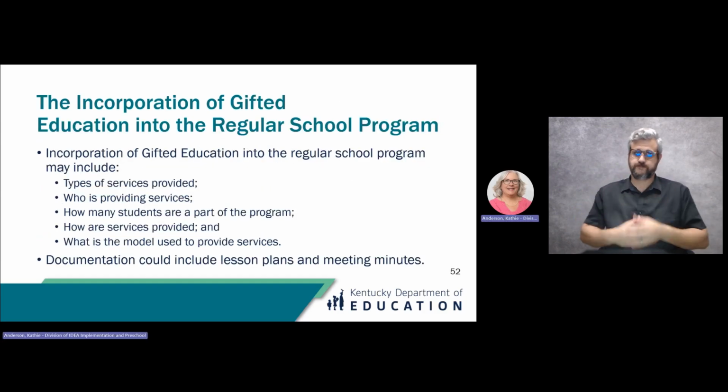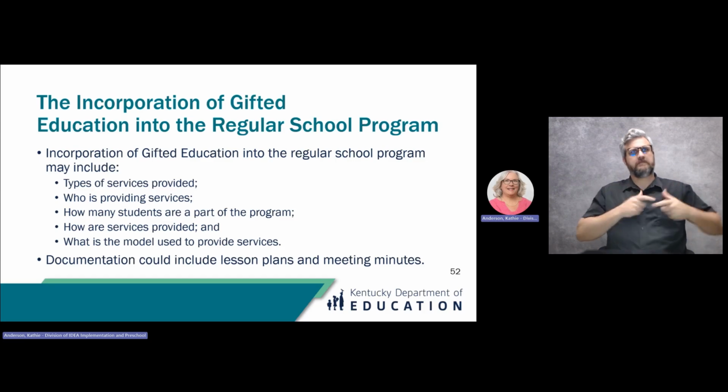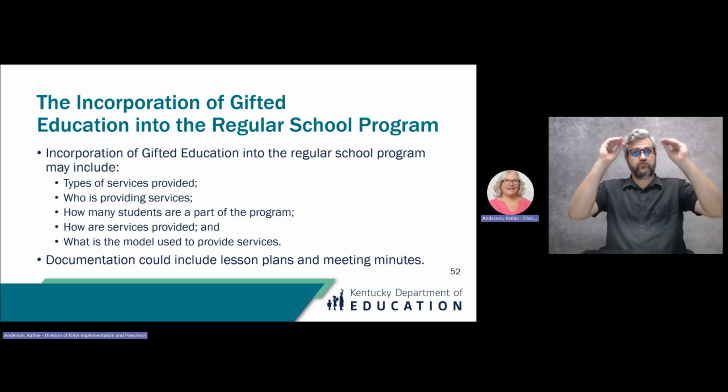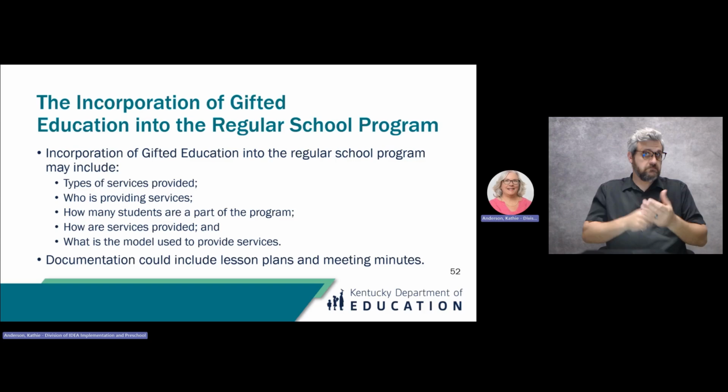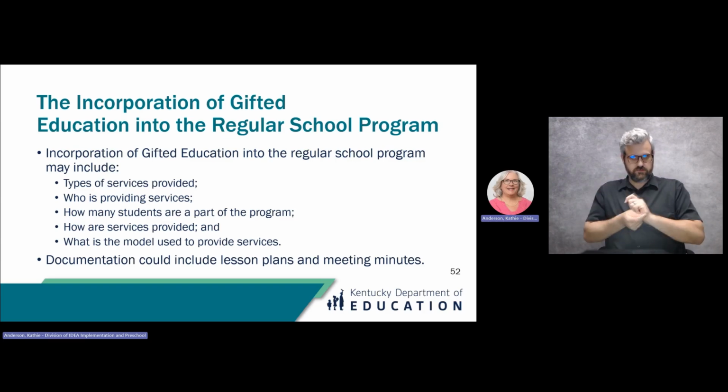Next, there should be a discussion of the GT program and how it is a part of the district's overall instructional program. There could be discussions based on data and stakeholder feedback about any modifications needed. This item should be a discussion or a presentation about how gifted education is a part of the regular school program.